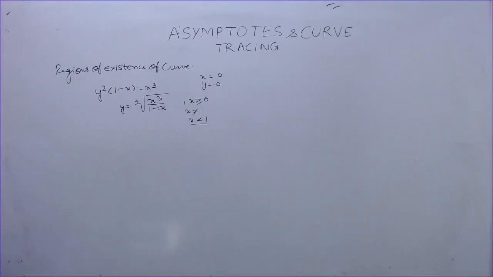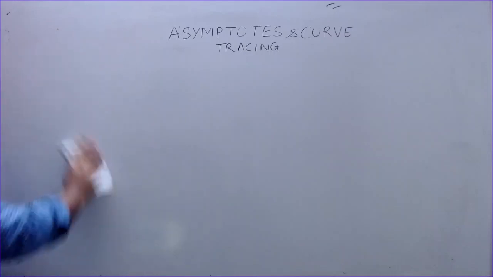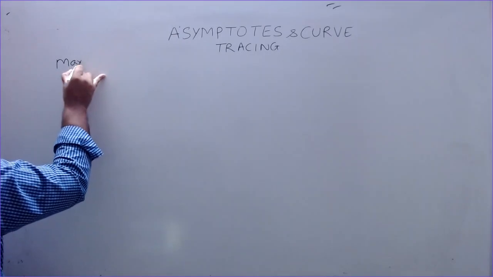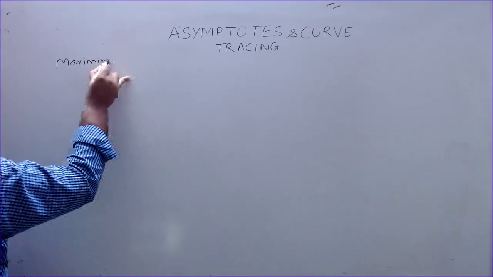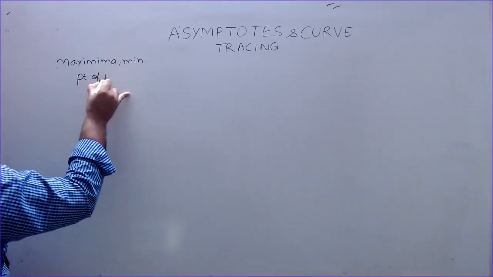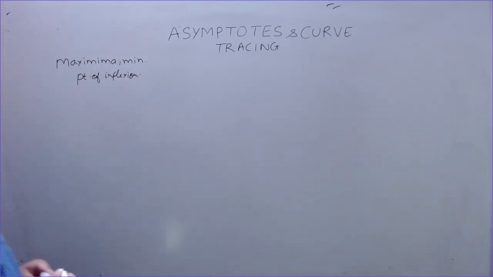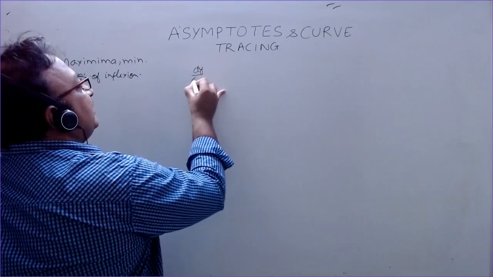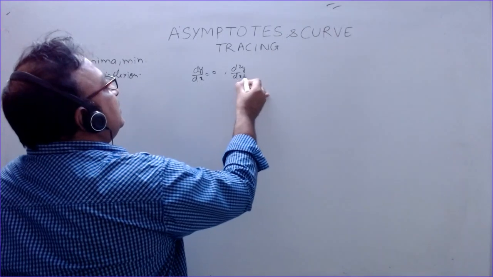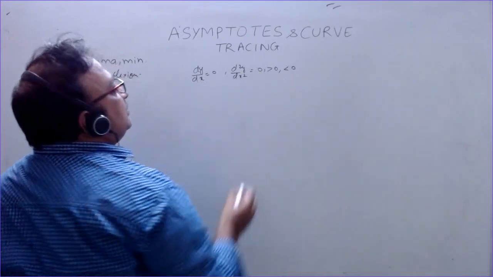After this we have to find maxima minima if required in the curve to draw the shape, and the point of inflection. What is the point of inflection? Maxima minima means if you put dy by dx equal to 0, then you will find the second derivative of this, whether it is 0 or greater than 0 or less than 0.